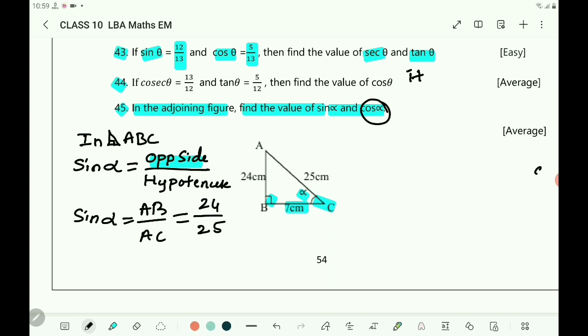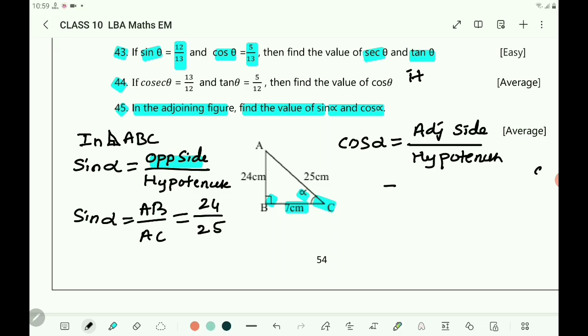Then cos alpha. Cos alpha means adjacent side by hypotenuse. Which side is the adjacent side? BC is the adjacent side and hypotenuse is AC. So it is BC by AC.